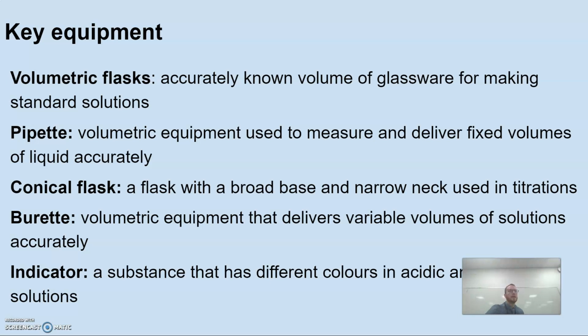Using a really precise electronic balance, a pipette, and some distilled water, we can very accurately calibrate pipettes to probably the closest 0.001 of a mil. They're very, very good pieces of equipment.